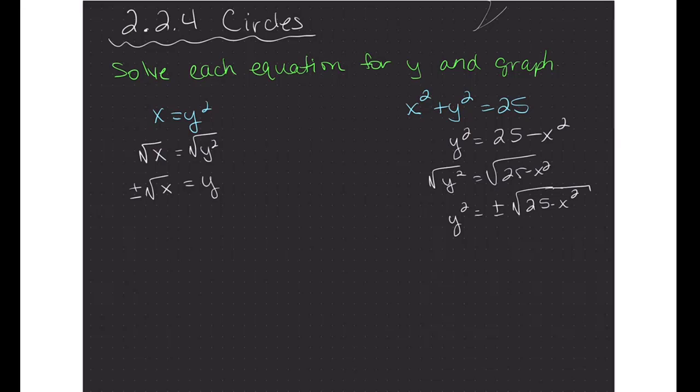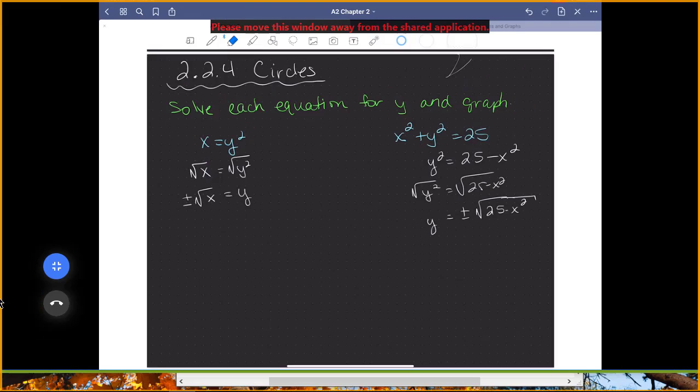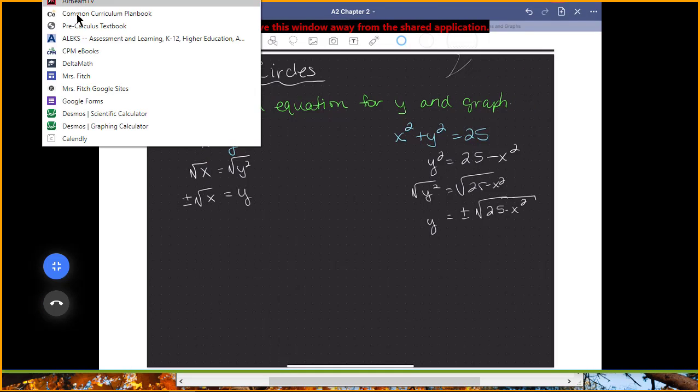Right. Whoops, my bad. We no longer have y squared, right? When we square rooted the y squared, we just have y. So now that we got these two little guys, we can probably try and plug these into Desmos and see what we come up with.